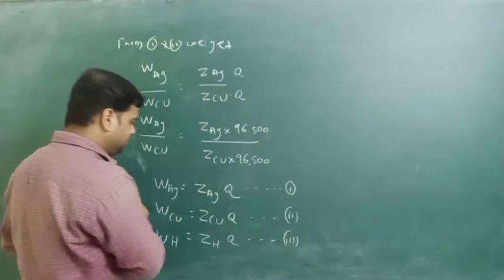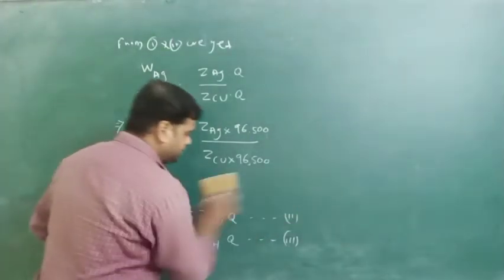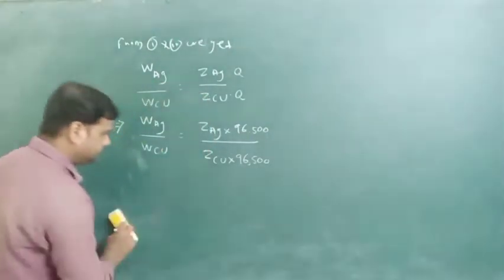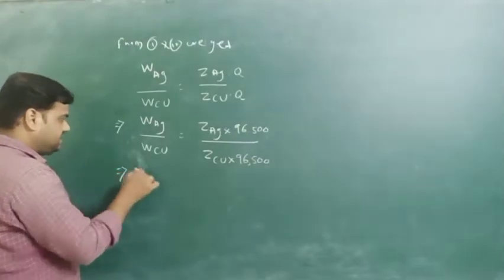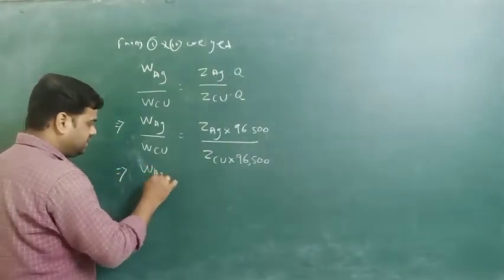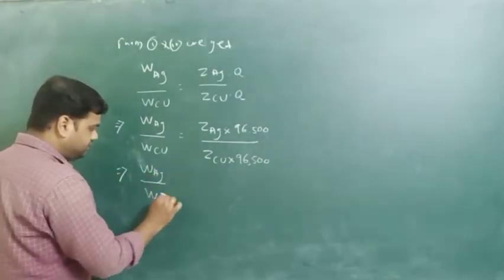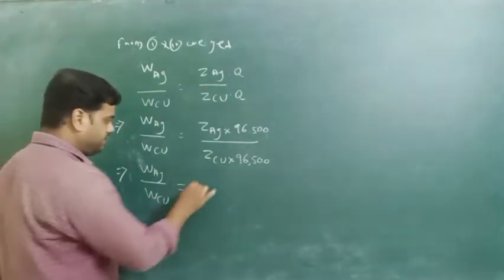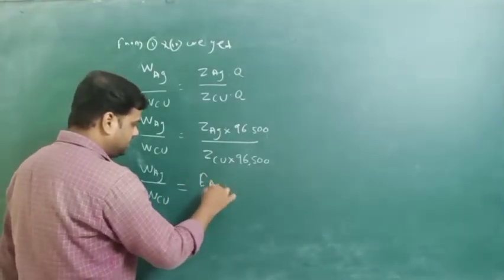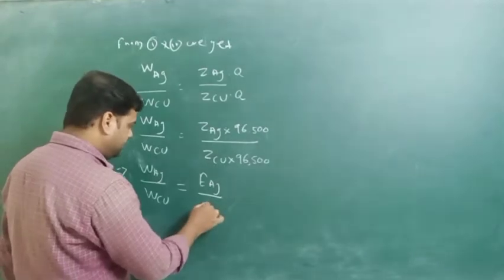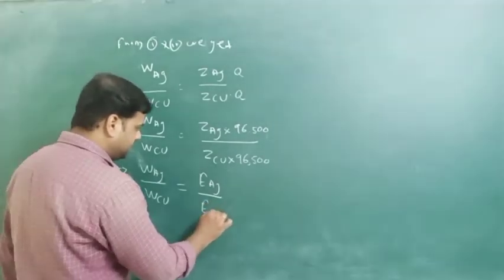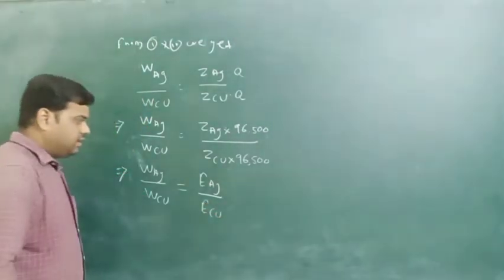Then what will happen? It implies W_Ag by W_Cu equals E_Ag by E_Cu.